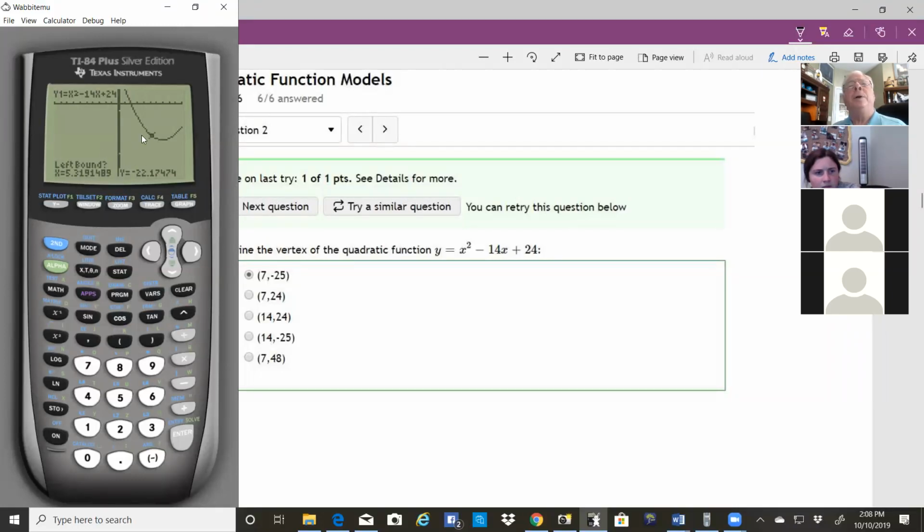I've got it towards the left, so I'm going to hit enter. Then it'll ask me the right bound. I'm going to move that over to the right and hit enter. And it asks you for a guess. You don't have to guess, just hit enter. And it should tell you what the vertex is. Notice it got it a little bit off. It's really 7 and minus 25. Okay, but there's the vertex.